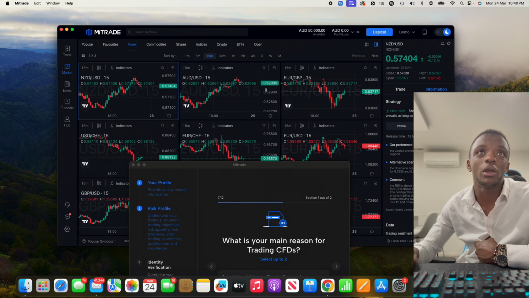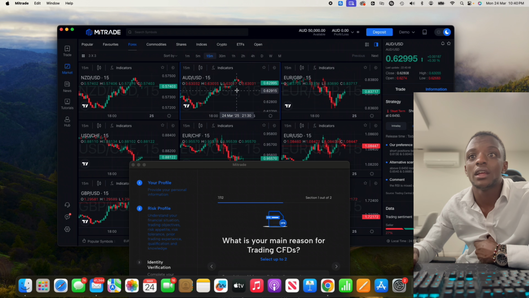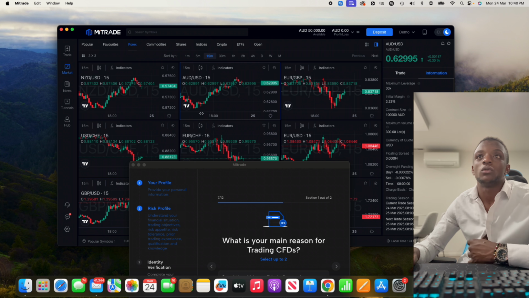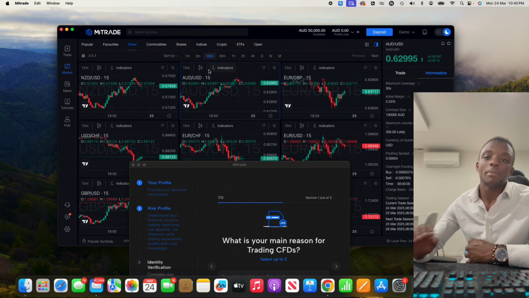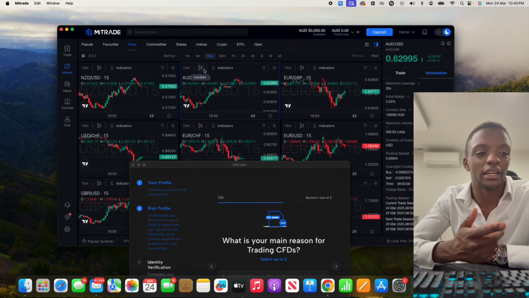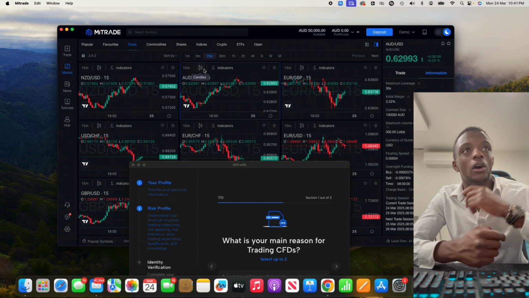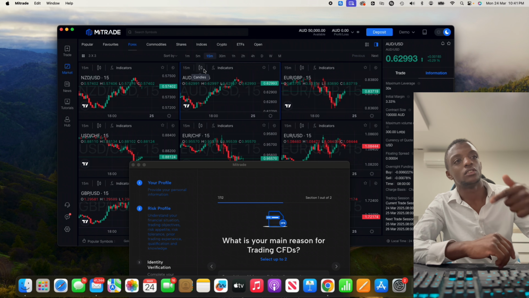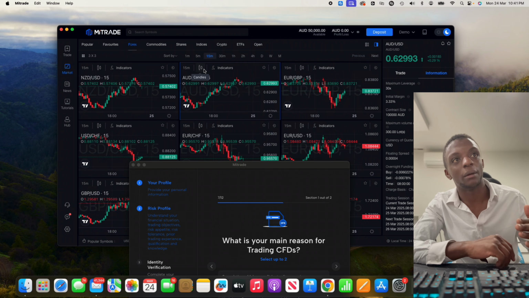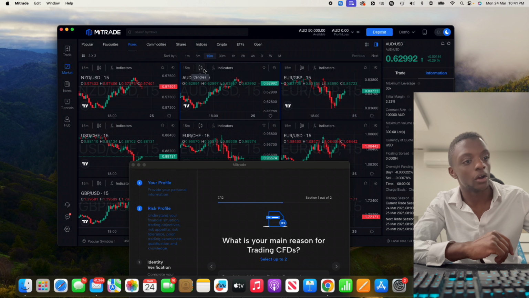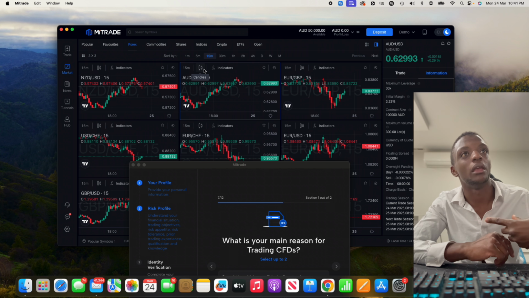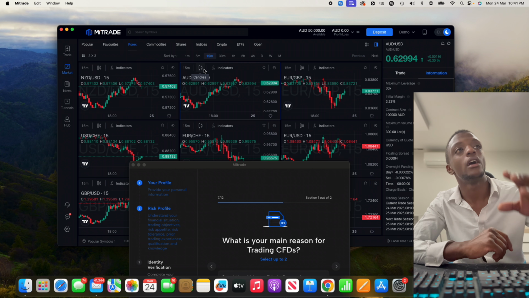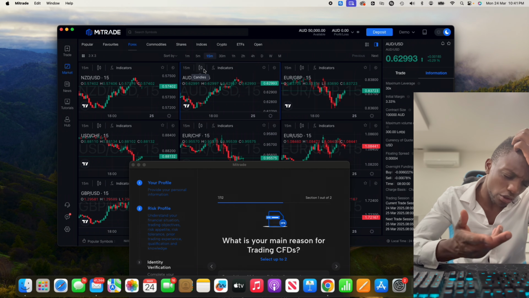So whenever we place a trade on the chart, like let's say for this one, we press a buy trade, whatever position we want to put, we're basically saying to MyTrade, all right, I bet you this amount of money that this chart is gonna go up or go down to this number, and if I'm right, then you pay me. If I'm wrong, then I pay you.